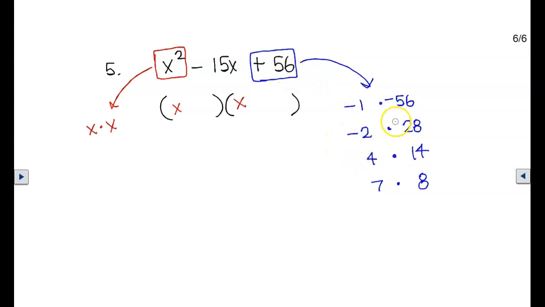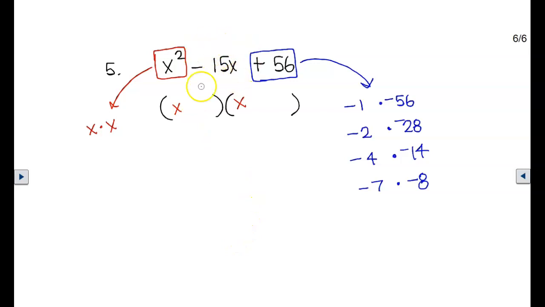A negative 2 times a negative 28 would get me a positive 56. A negative 4 times a negative 14, a negative 7 times a negative 8. If I'm going to get a positive, then I'm going to have two negative numbers in each of these combinations to make that happen. It takes a negative times a negative to make a positive.